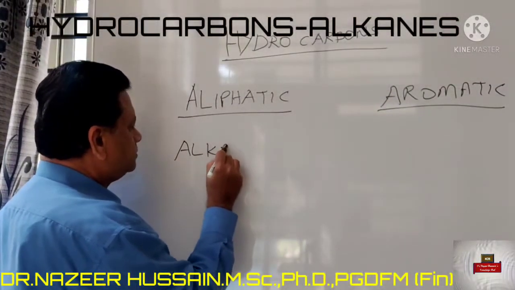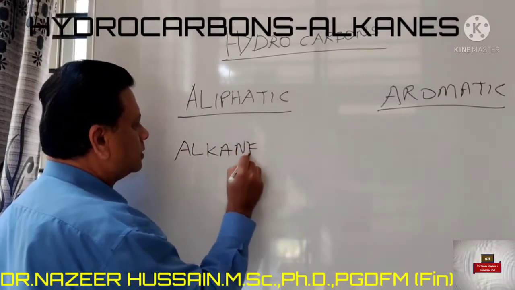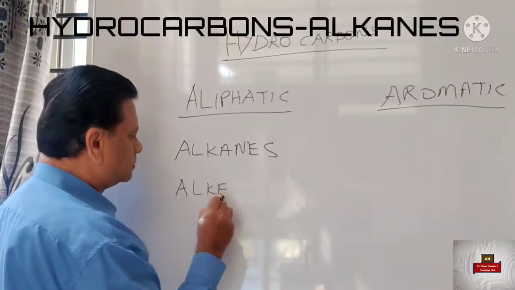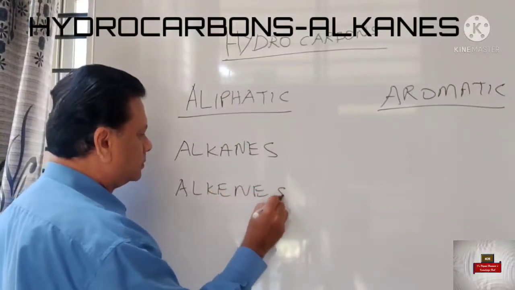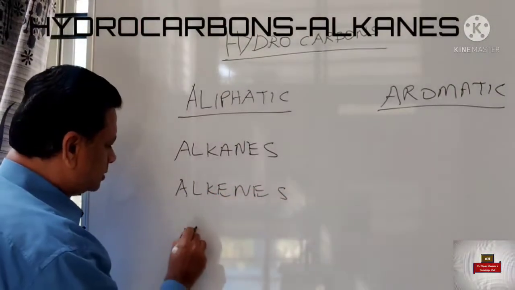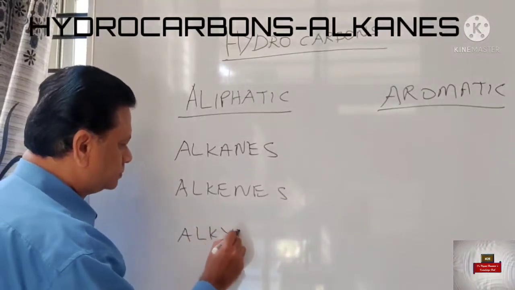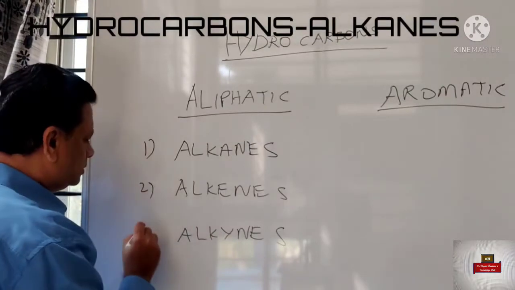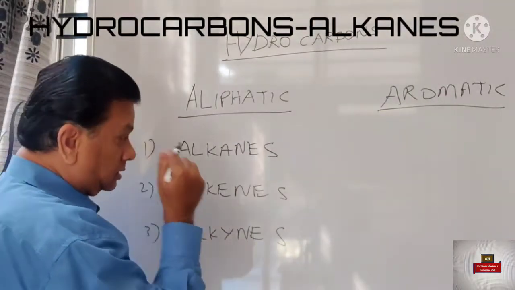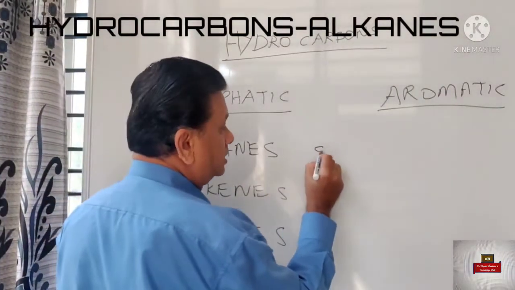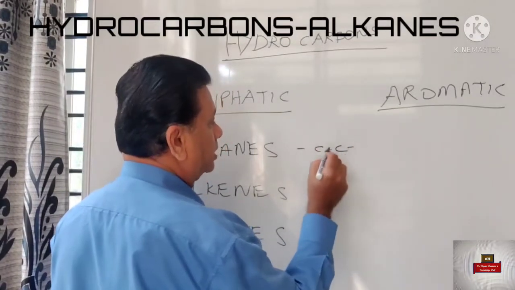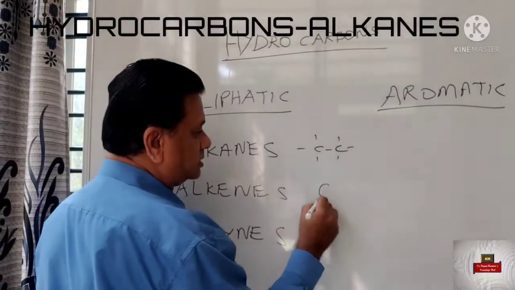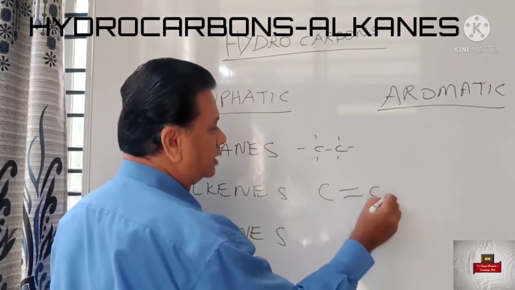alkanes, alkenes, and alkynes. So alkanes are compounds with C-C single bonds. Alkenes have a C=C double bond.